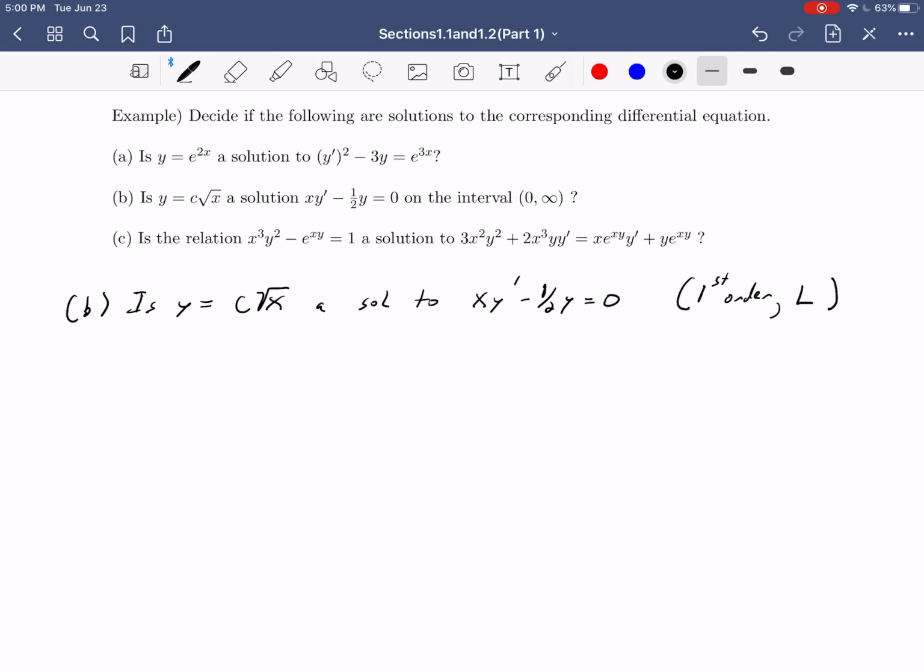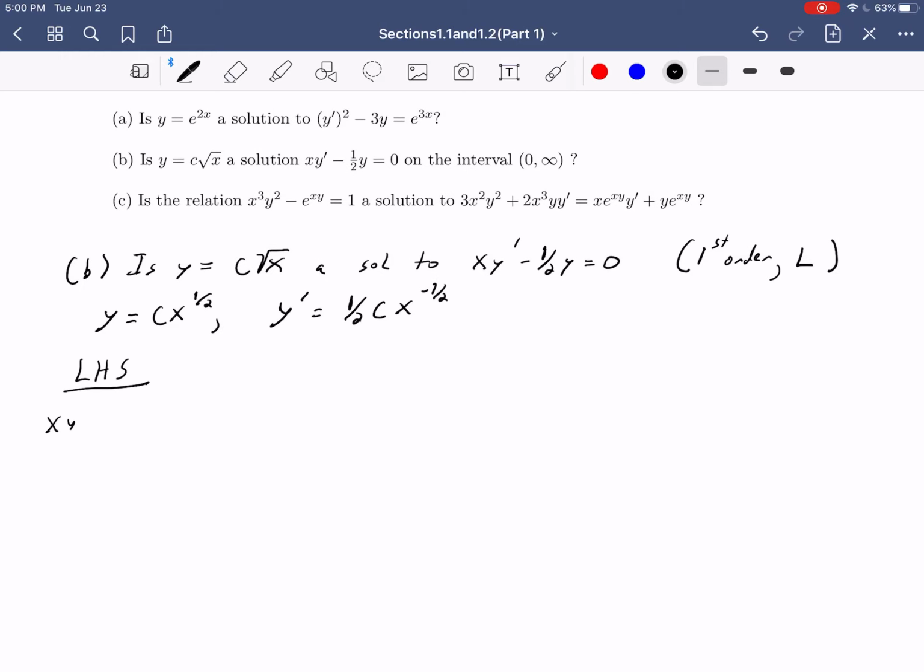All right, let's actually check if this thing is a solution. So y equals cx to the 1/2. And I guess that would tell us that y prime then would be 1/2 cx to the negative 1/2. Let's try our same approach. Let's do a left-hand side.